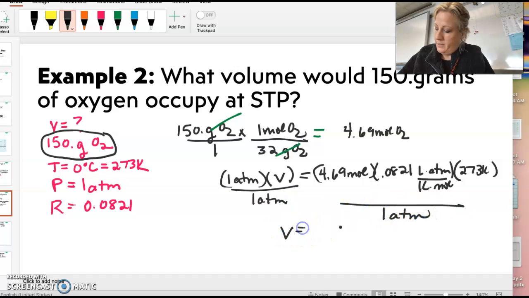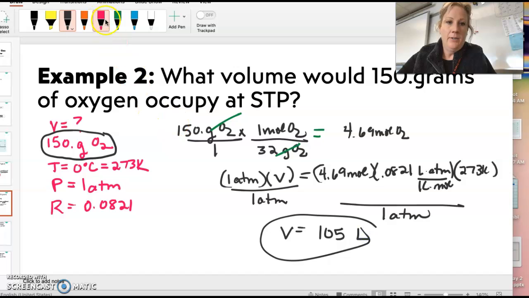When I do this, with 3 sig figs, I get 105 liters. And again, I can just show you the units. You don't have to do this, but I like to, because it really shows that you did it correctly.